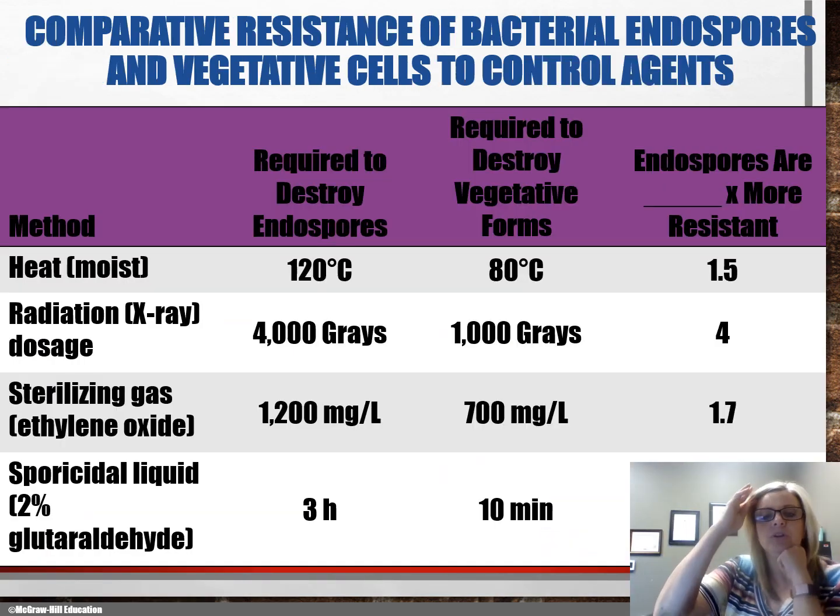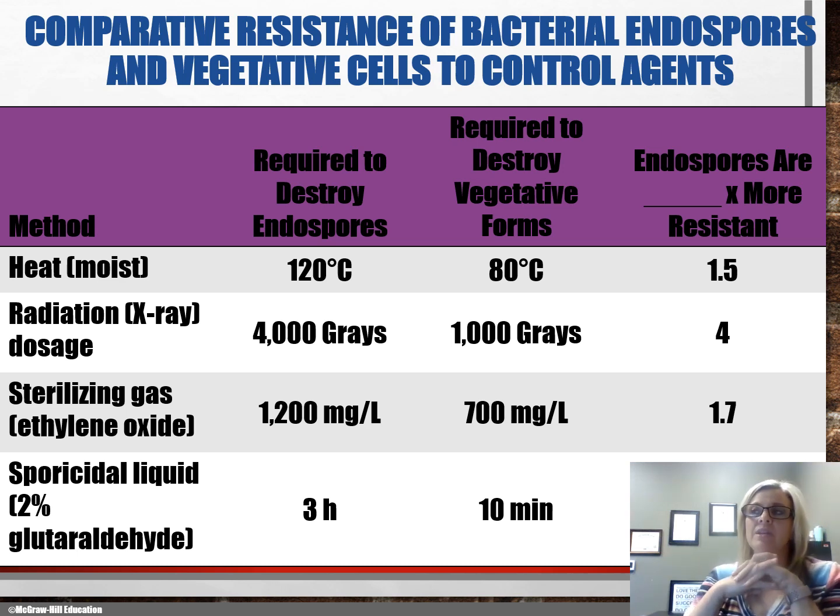All right, so we're going to go over details of these, but these are some different control agents, and this is going to be comparing the resistance of things like bacterial endospores or vegetative cells to these control agents. Agents that denature microbial proteins include moist heat, alcohol, acids, and metallic ions, but not X-rays. Okay, and that's important.